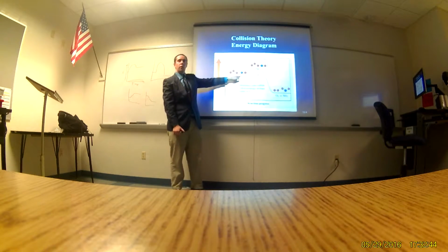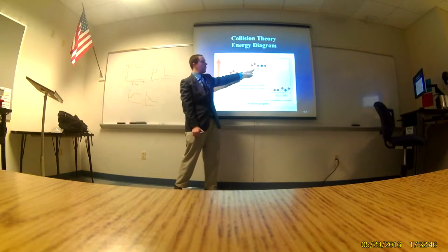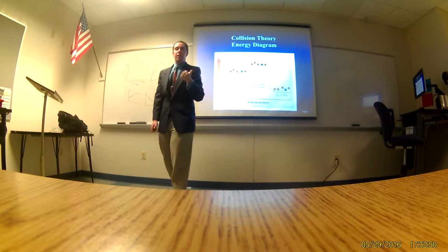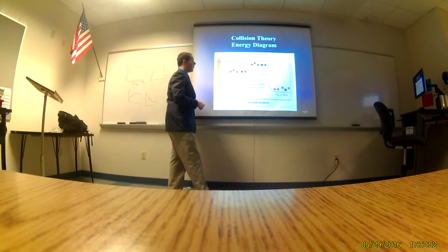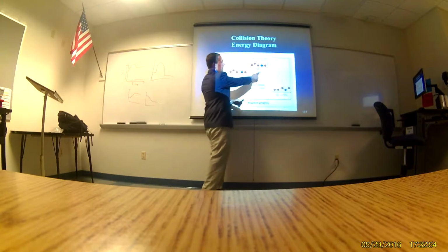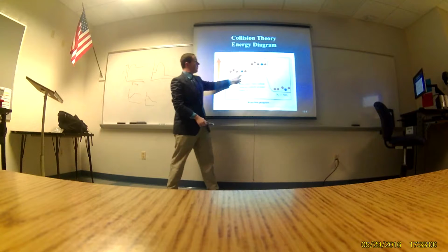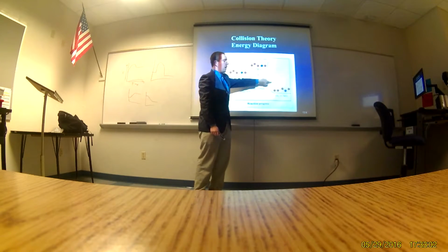The difference between where you start and the top of the peak. So that's the energy barrier. It's also called the activation energy. So energy, the little a, is activation energy. And then once you're up here, then you can go wherever the reaction wants to take you.